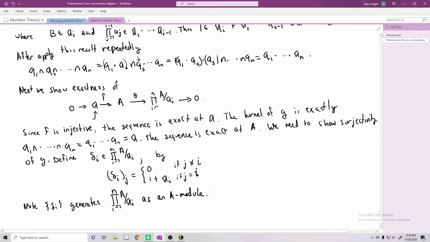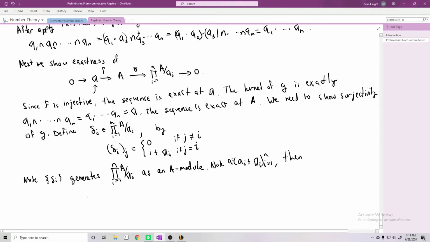So note, if I have a sub i plus the ideal, from i equals 1 to n, then I'm going to just call this guy A. A is the sum from i equals 1 to n of a sub i times delta sub i. Okay, so this is a pretty easy direct computation. So that shows that these delta i generate as an A module.